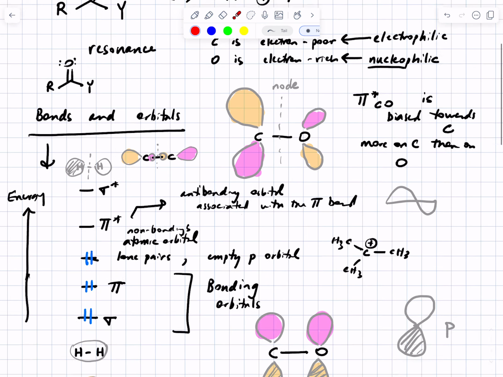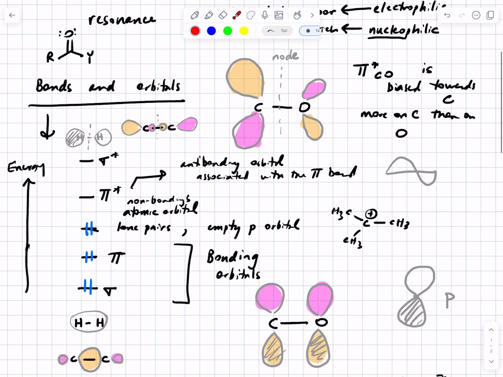Okay, now notice our energy diagram for the carbonyl compound, this sort of general thing. The lowest energy orbital that's empty, the lowest energy empty place to put new electrons in this molecule is the pi star. Everything else is filled below. The sigma bonds are filled, the pi orbital's filled, the lone pairs, of course, are there and they're filled.